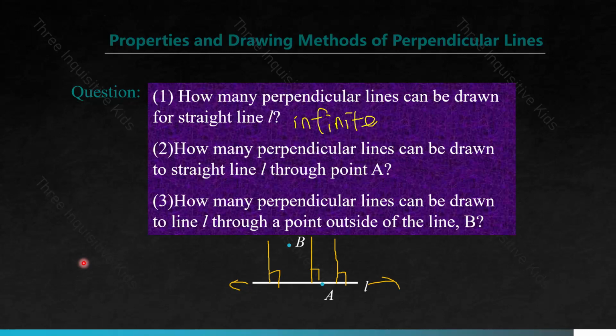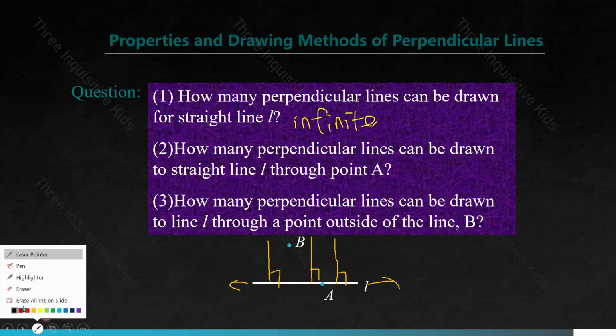property that you must satisfy. How many perpendicular lines can be drawn to straight line L through a point A? A could be any point. All you have to do is find a line that passes through that and intersects with line L to create a 90-degree angle.